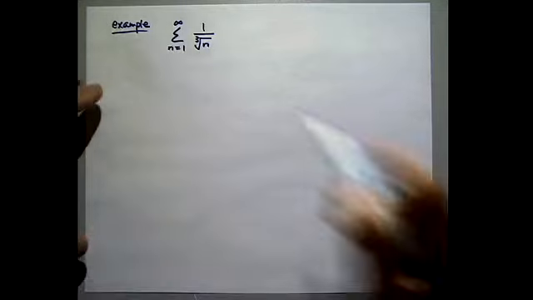All right, 1 over the cube root of n. What's the first thing we got to check? Right, before we do any of this, we got to check this.